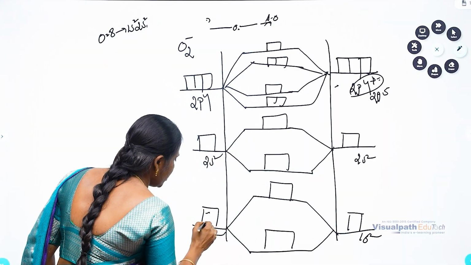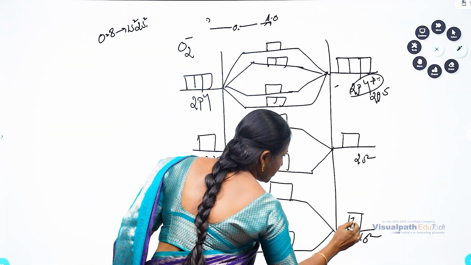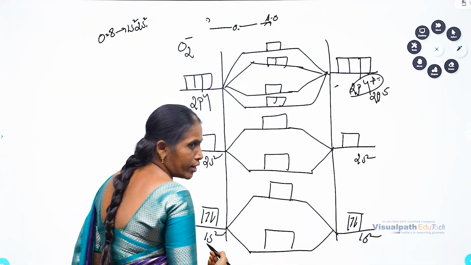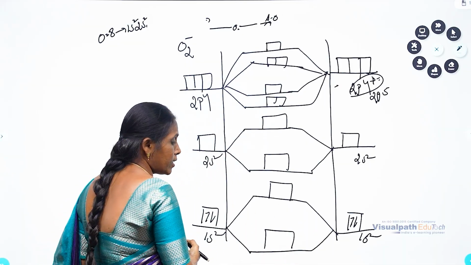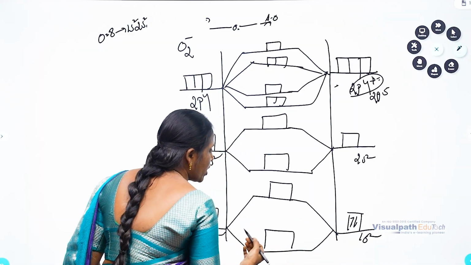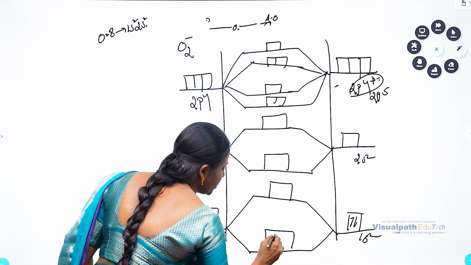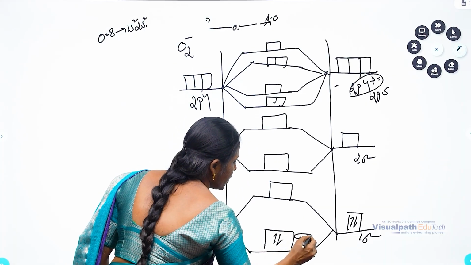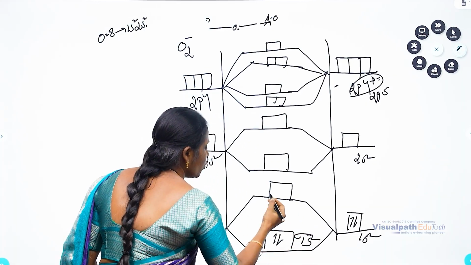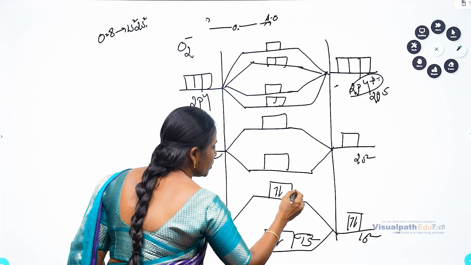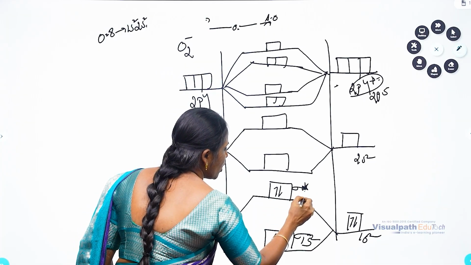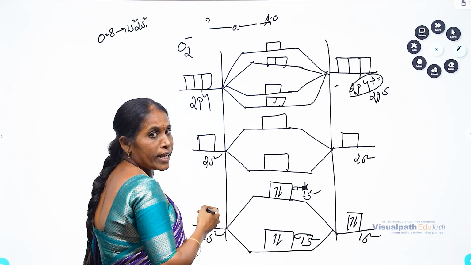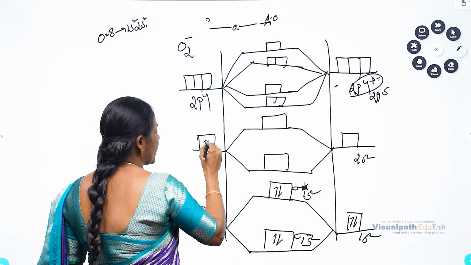Now filling of the molecular orbitals. Okay, here it is with 2 electrons, and these 2 electrons means 2 plus 2, 4 electrons. Okay, 4 atomic orbitals are there. So these 4 electrons first enter into the bonding of the 1s orbital. After that the remaining 2 electrons enter into the anti-bonding of the 1s. So next 2s, it is with 2 electrons.